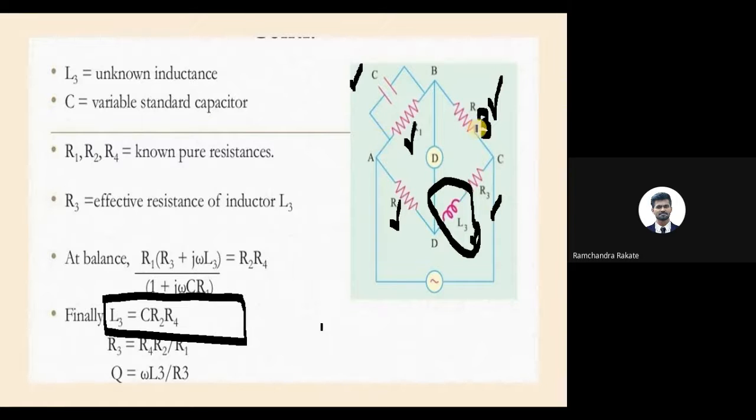We have learned R2 here and this is R4, but these are only notations. In some cases this branch might appear at a different position. What you have to check is the balance condition. Whether we are achieving the balance condition; if yes, then go on.